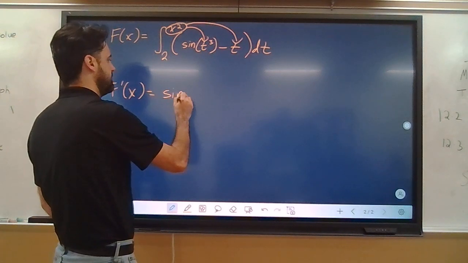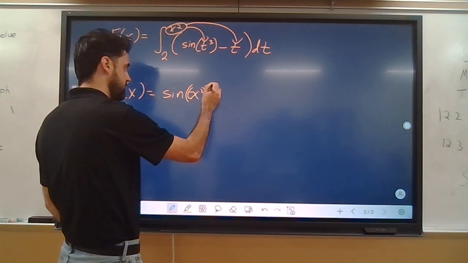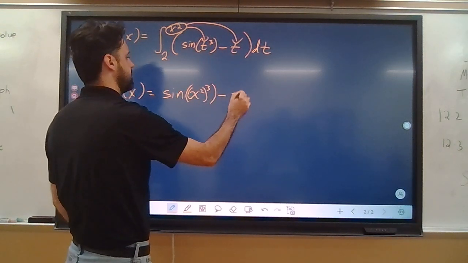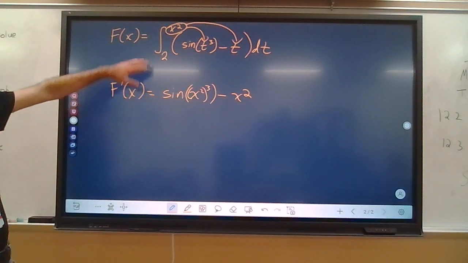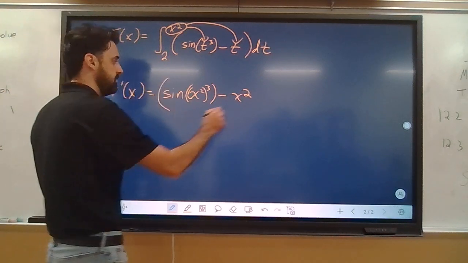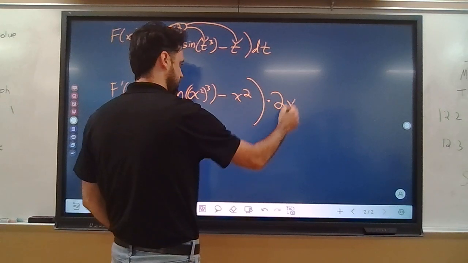And that's going to give us sine of x squared, which is going to be cubed, minus, where there was a t, I'm going to plug in another x squared. The last step here will be, because it wasn't just x, we multiply the entire thing by the derivative of x squared, so times 2x here.